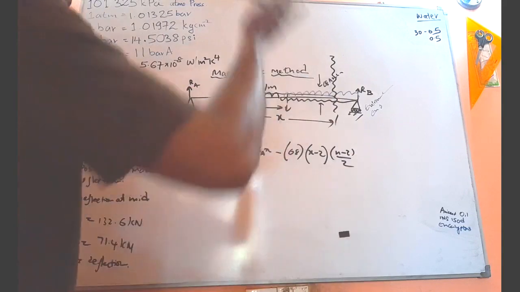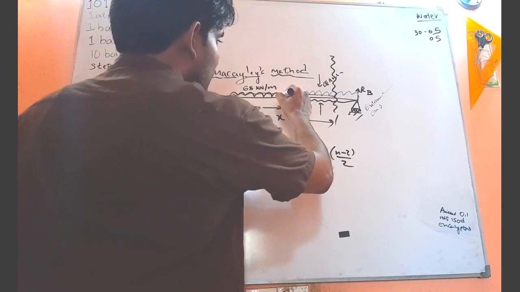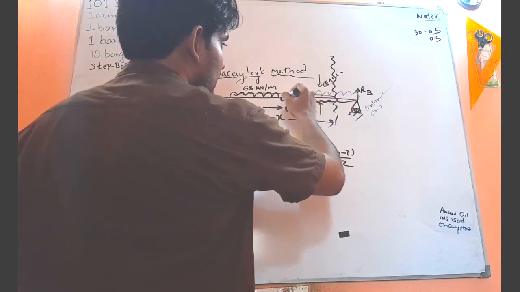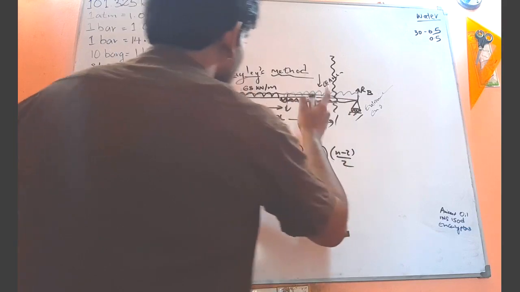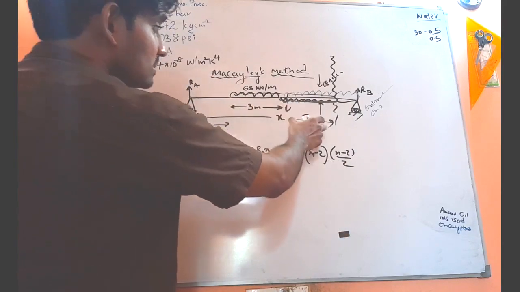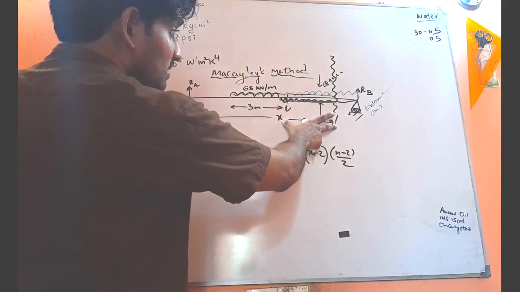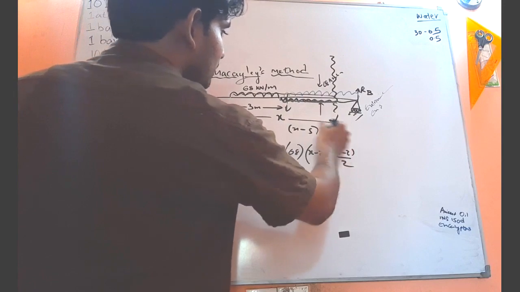Then consider the other one. Now be careful. The other one means this part, the part that is added from down, up to here. We know the distance from here to here is 2 and here to here is 3. Then what is this distance for the uniformly distributed load that is at the bottom? That will be x minus 5.